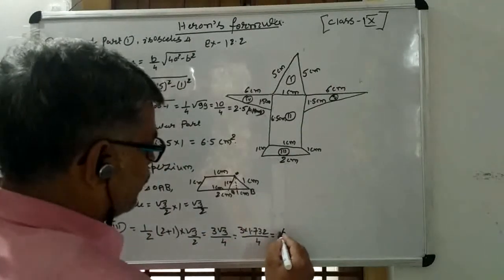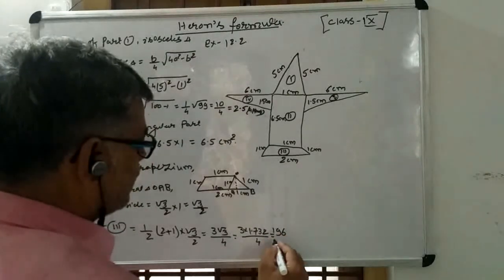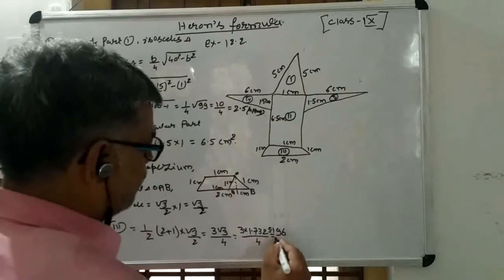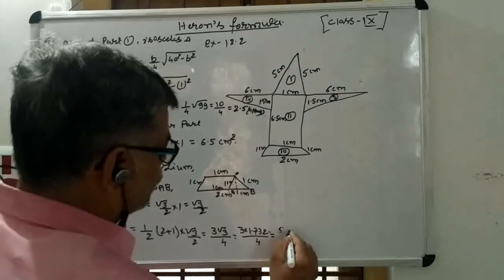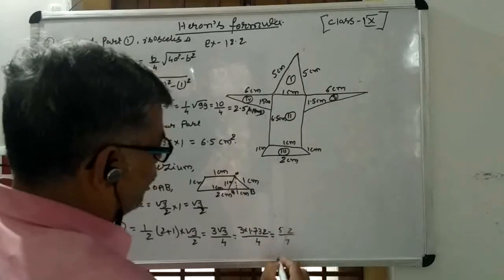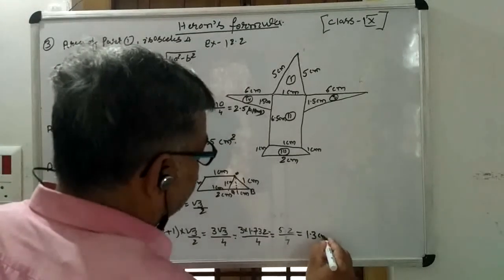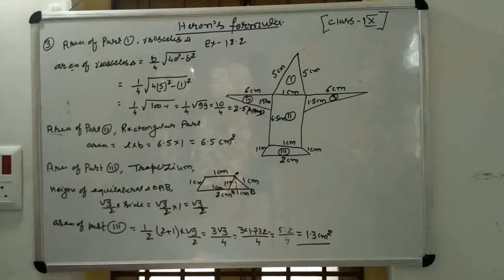When you cancel it, you will get approximately 1.3 centimeter square. This is your area of part 3.